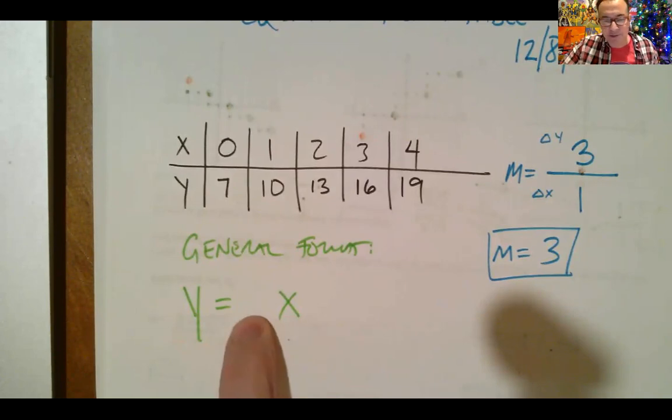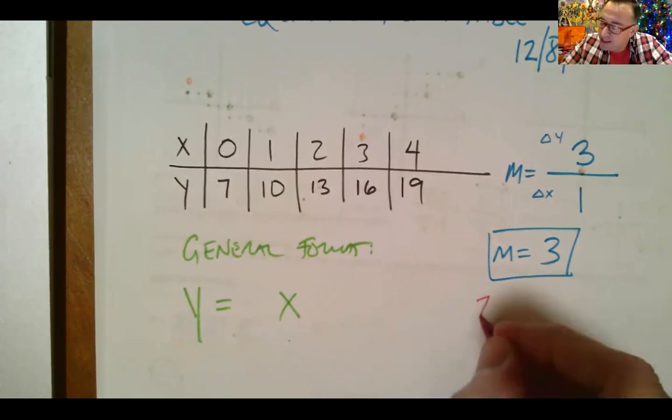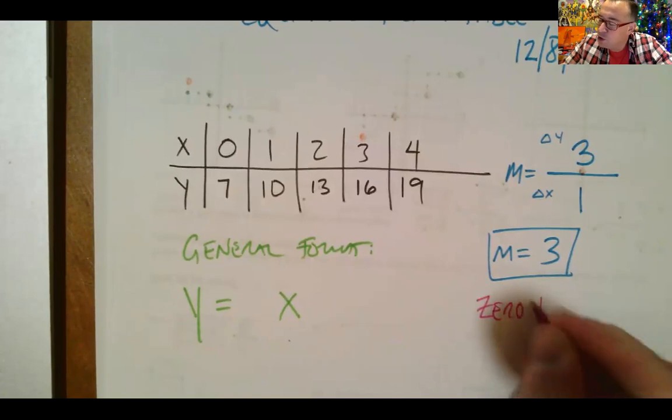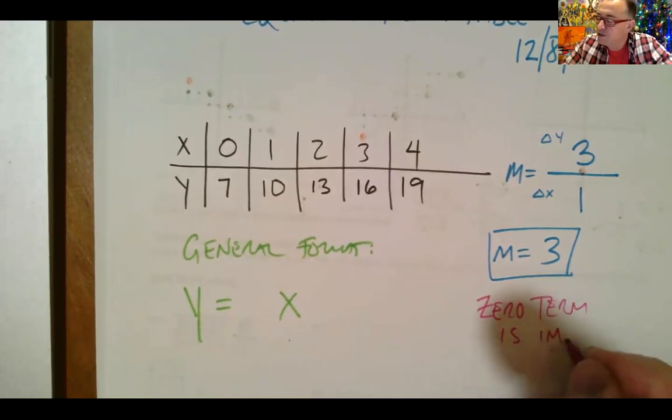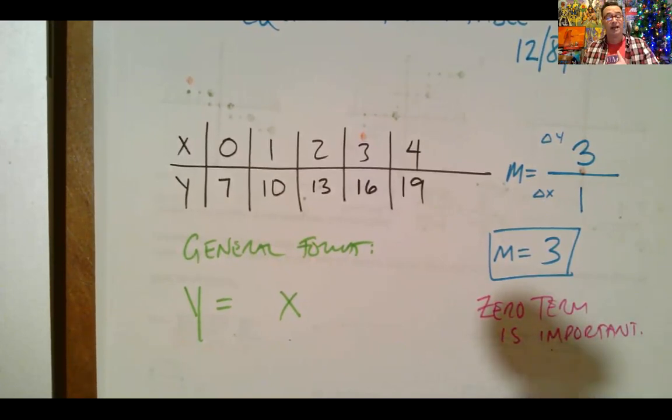Whether I have something being multiplied by this x or not, that is going to be gone. So what I want you to think about is this. One of the things that is really important when we're looking at a table to figure out the equation, the 0 term is important. And the reason why it's important if you're creating an equation, but it's also important if you're creating a line.